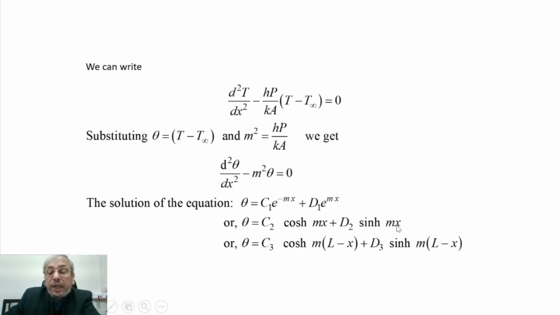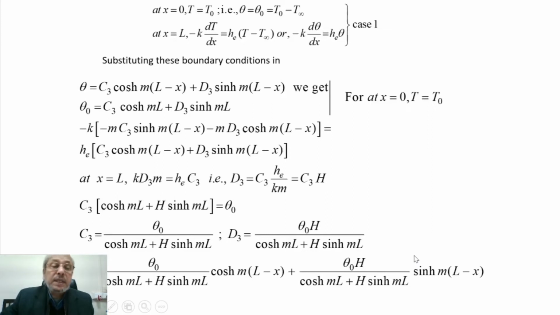So we have to take either cosh function or sinh function to match this requirement. So C3 cosh m(L minus x) plus d3 sinh m(L minus x) is the solution we take. And for x equal to 0, T equal to T naught, if we substitute x equal to 0, theta equal to theta naught, so it will be theta naught equal to C3 cosh mL plus d3 sinh mL.